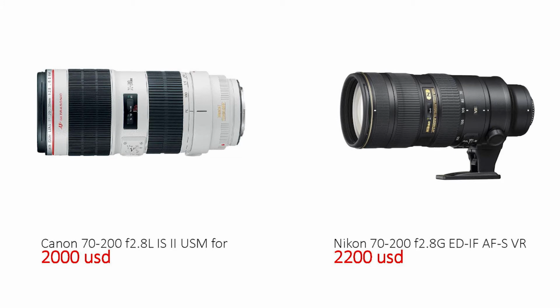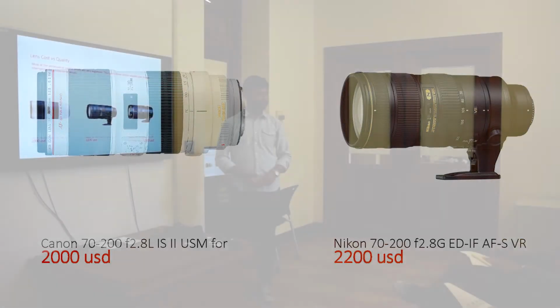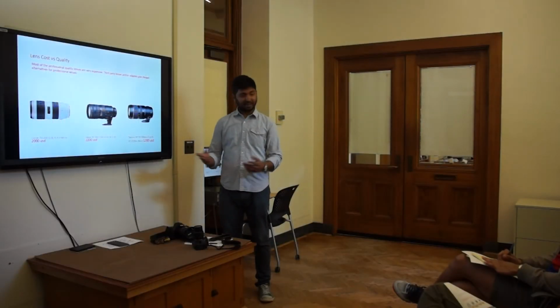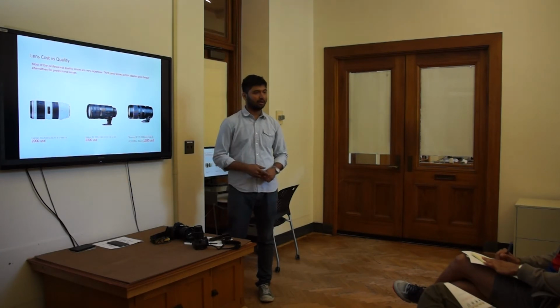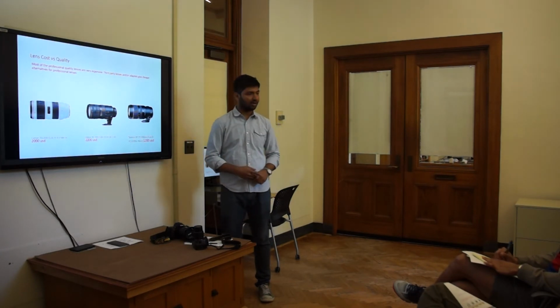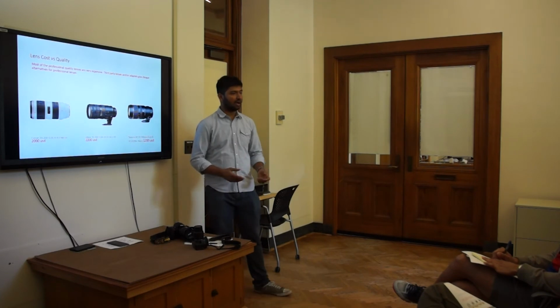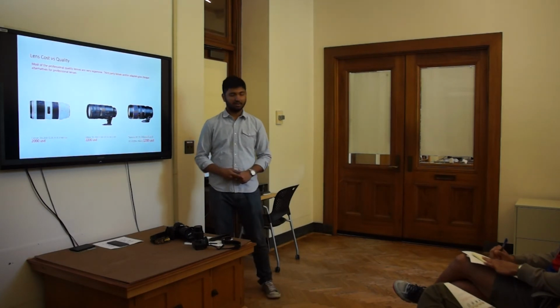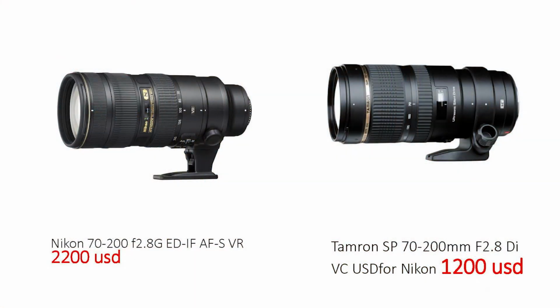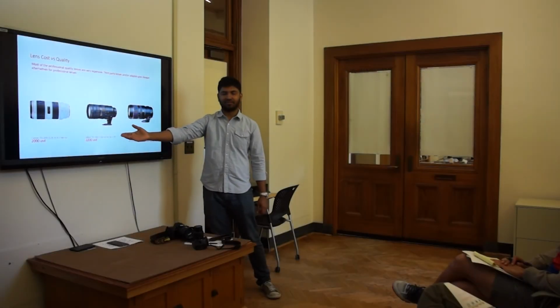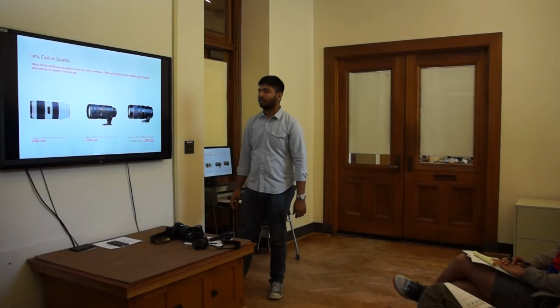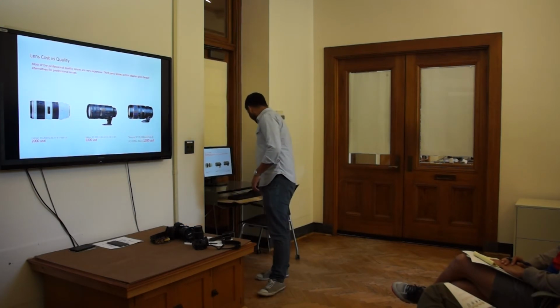But there are third-party companies which make lenses for Canon and Nikon, like Tamron, Sigma, Zeiss, brands like that. So they are going to be cheaper. The equivalent lens would be $1,200. It's almost half the price you would pay for a Nikon lens.